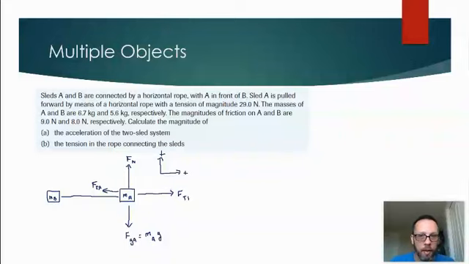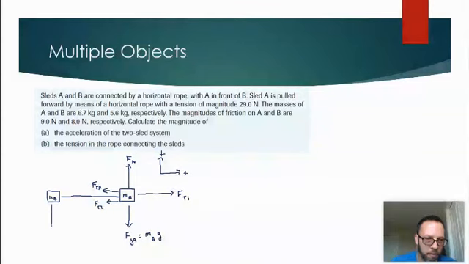The sled is being pulled forward by one rope, and we're given that tension, 29 newtons. This is a different rope, so the tensions can be different. So I'm going to label that different tension as FT2. Okay, and that completes the free body diagram for mass A.